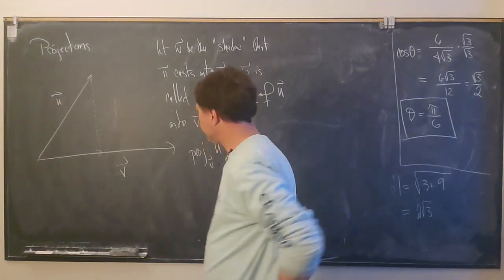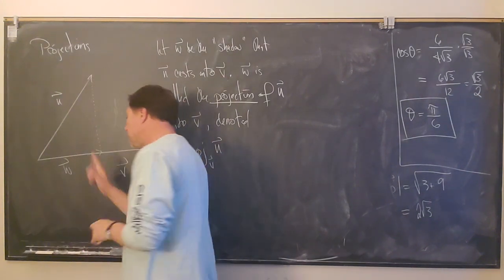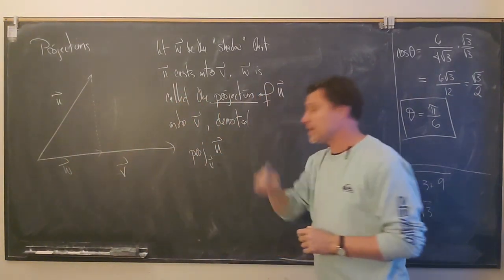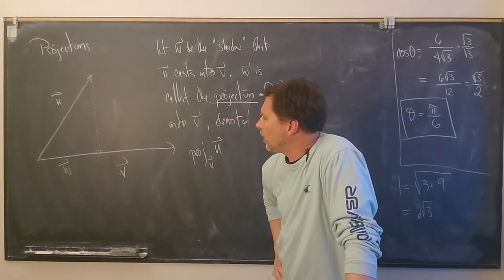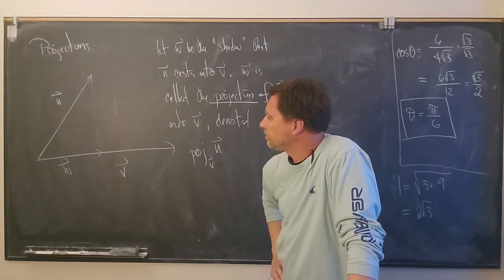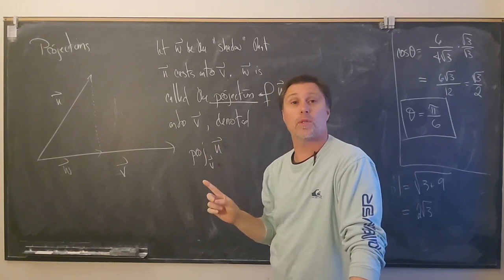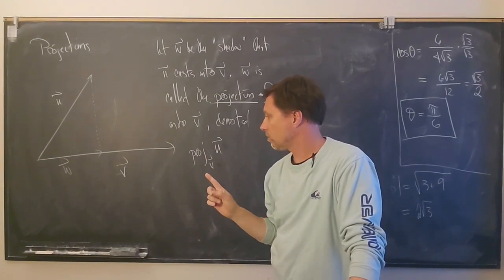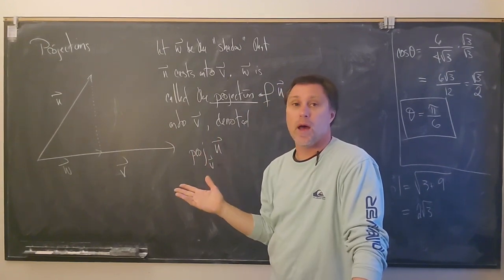Now, notice, here's my vector W. W is a vector that points in the direction of V. What it means then is that W is some scalar multiple of V. And so if I could figure out the length of W, that would be enough.